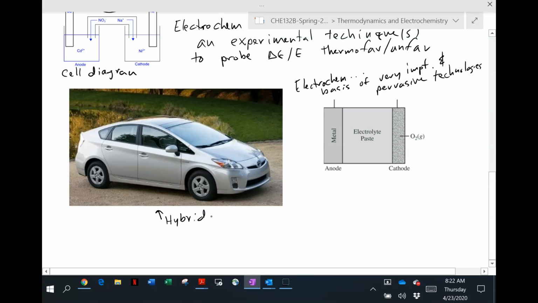It has a gas engine and an electrical motor, and a very large, complicated set of batteries. And what the car will do is actually charge those batteries, and whenever possible, use them to power the car, either in combination with the gas engine or by itself.